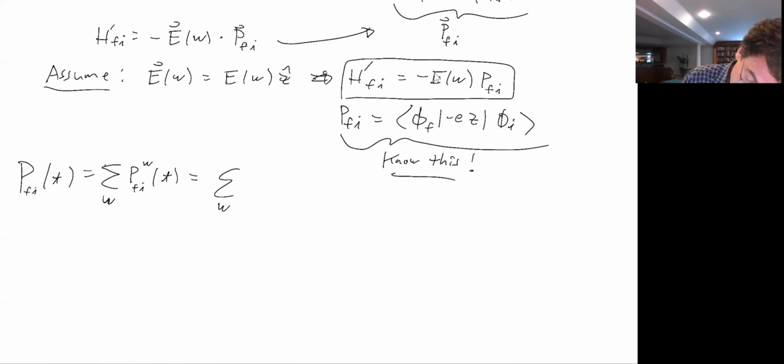And so it's going to be E squared of omega times P_fi quantity squared.